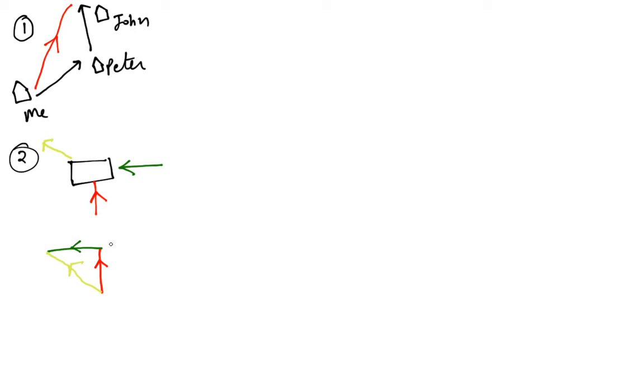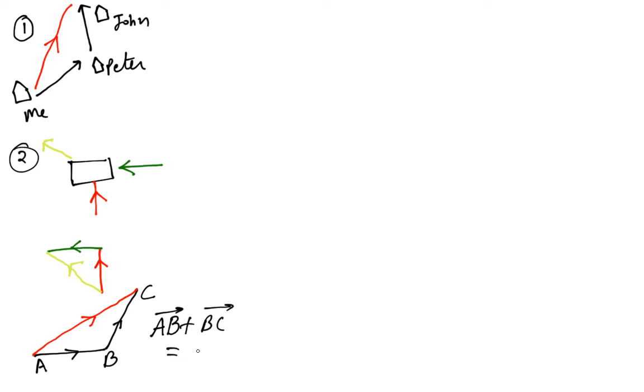In the second case it gives you the resultant of two applied forces, and you can write this in a symbolic way as, let's say you applied a vector like this and a vector like that, and then this is the resultant, and symbolically you can write this as A, B, C, and symbolically you can say AB plus BC equals AC, right?